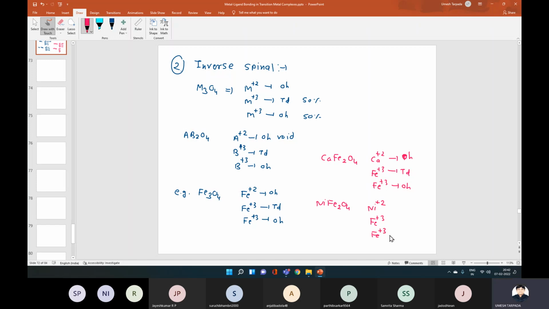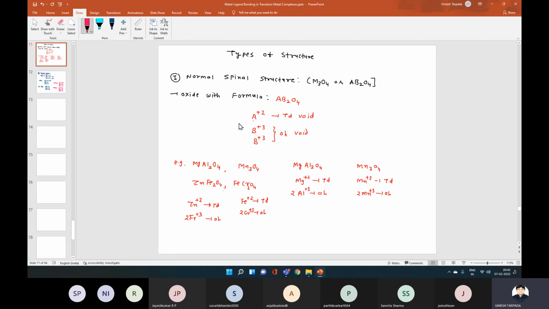So here, one Fe+3 is in octahedral, another one is in tetrahedral, and Ni+2 belongs to octahedral. So this is the case of inverse spinel. Okay, so you know the difference between normal spinel and inverse. In the normal spinel case, what happens?